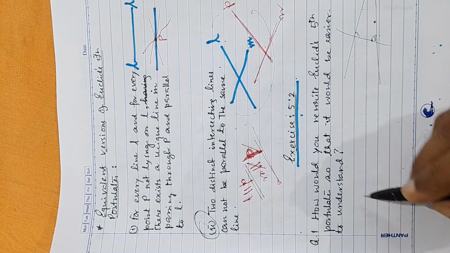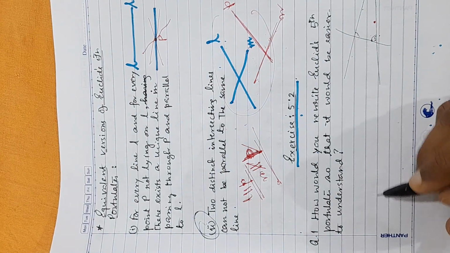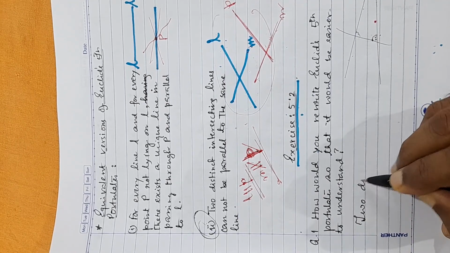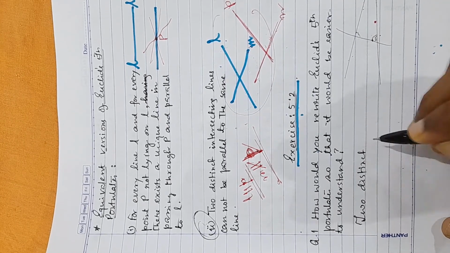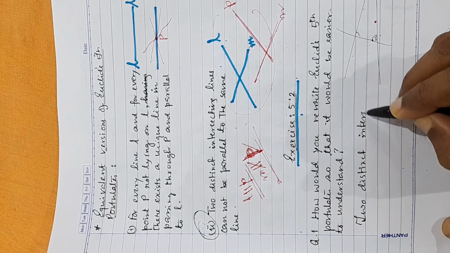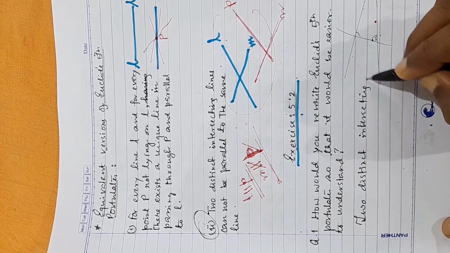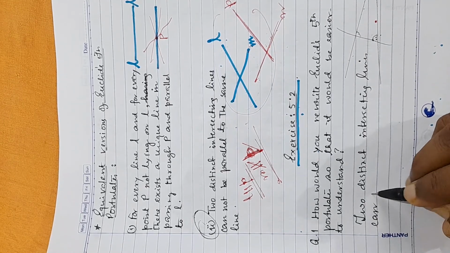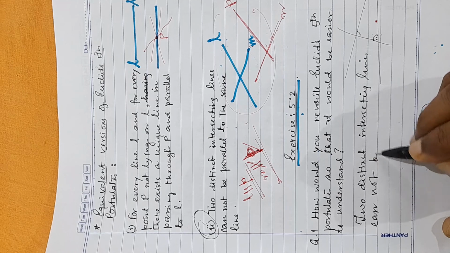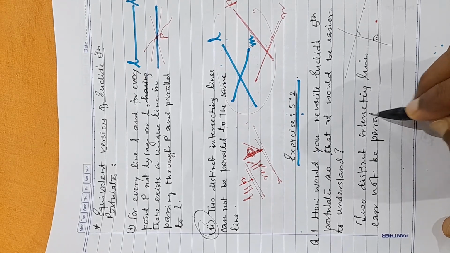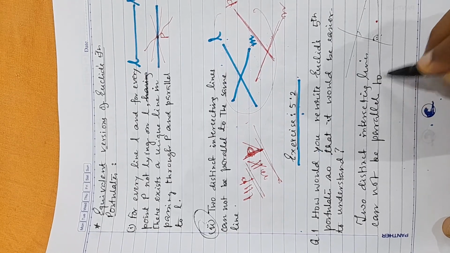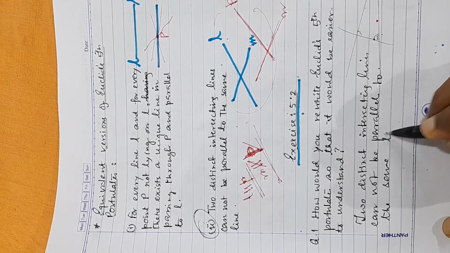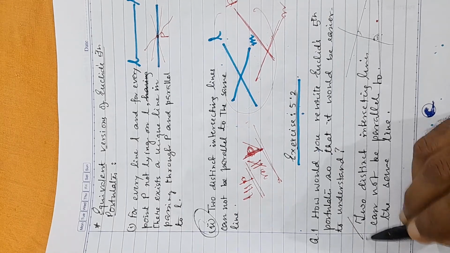See, two distinct intersecting lines cannot be parallel to the same line.